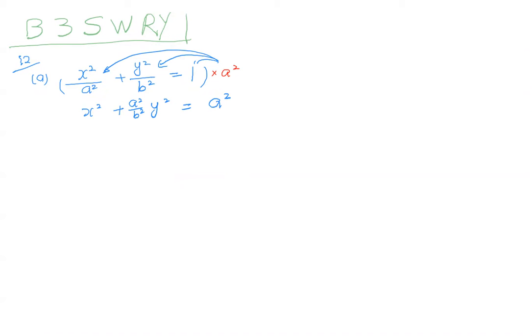Next step, I want to write y as the subject. So I move this term over. So I have a squared over b squared, y squared is equal to a squared minus x squared. The whole thing at the right hand side, I bracket it up. Now I want to get rid of the square, so I must take square root, square root everything.